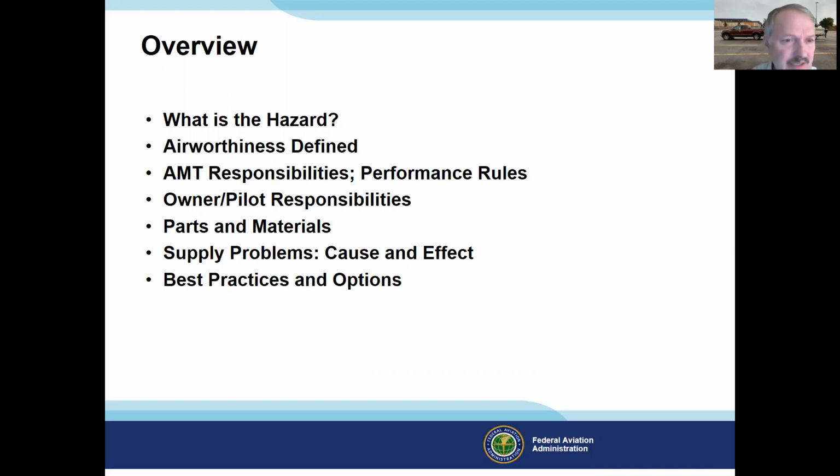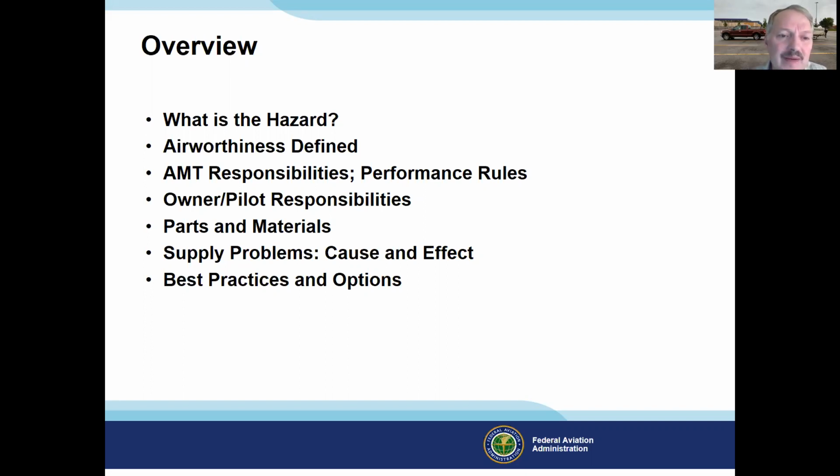So what we're going to talk about tonight is what is the hazard when there's scarcity of parts and materials. We're going to review the airworthiness requirements that are affected by the lack of parts and materials. We're going to look at aviation maintenance technician responsibilities, and in specific, the performance rules.